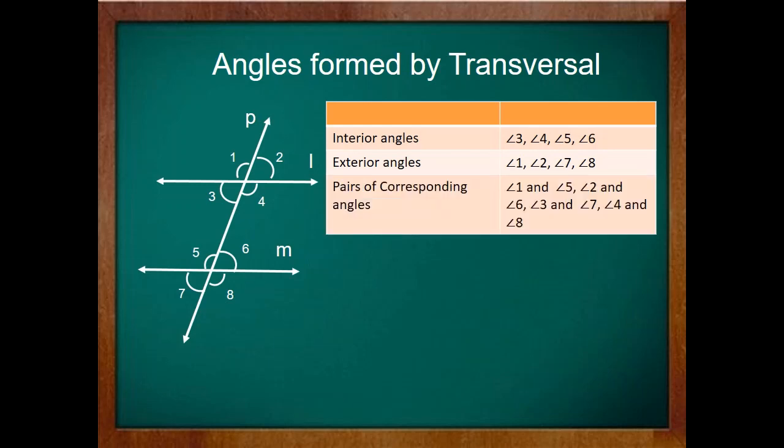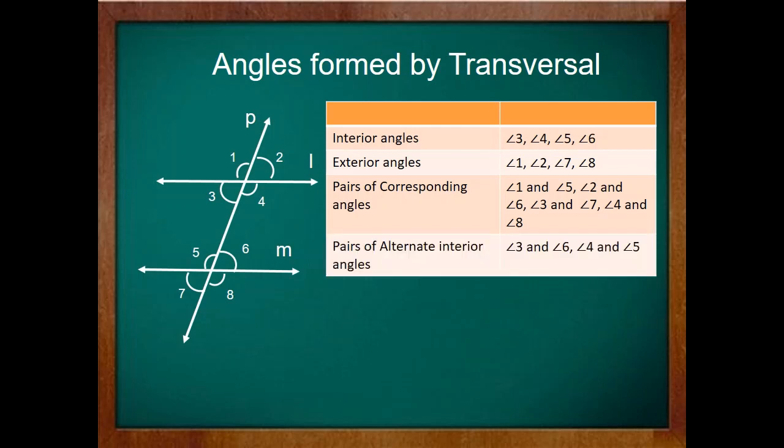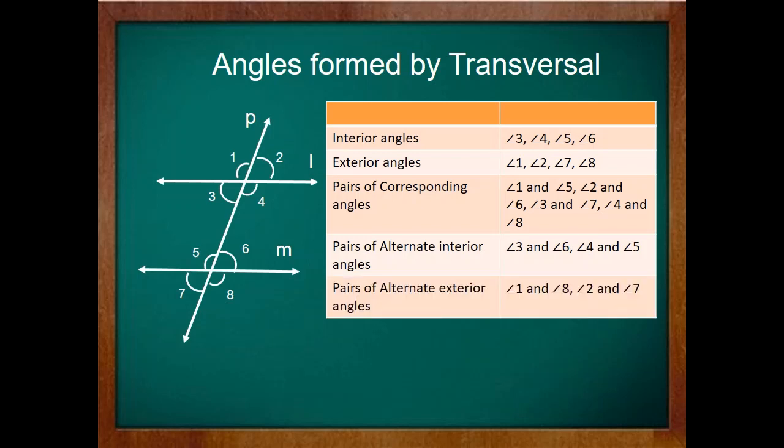Angle 1 and angle 5, angle 2 and angle 6, angle 3 and angle 7, and angle 4 and angle 8 are pairs of corresponding angles. Angle 3 and angle 6, and angle 4 and angle 5 are pairs of alternate interior angles. Angle 1 and angle 8, and angle 2 and angle 7 are pairs of alternate exterior angles.